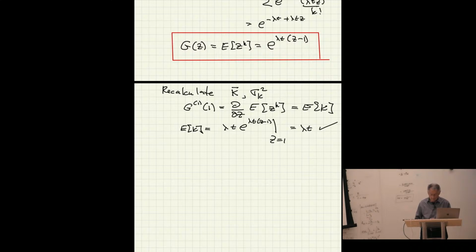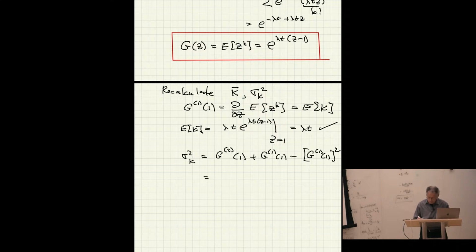Okay. The variance in terms of the Z transform is the second derivative at z equals 1 plus the first moment at z equals 1, all of that minus the square of the first. Similar to what we had above. So let's plug in.